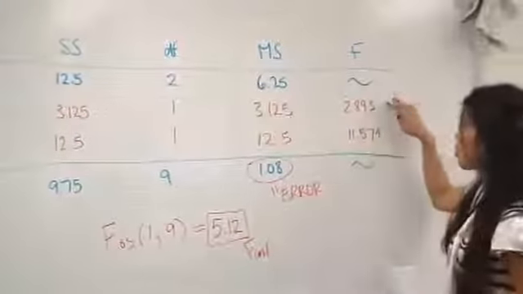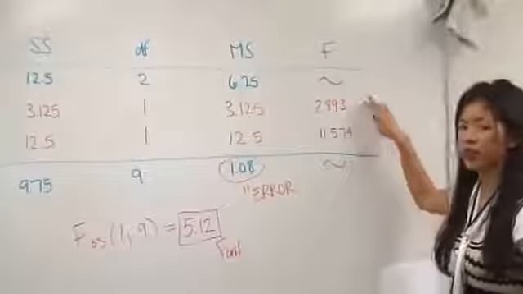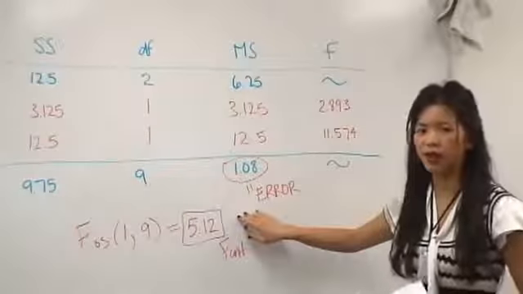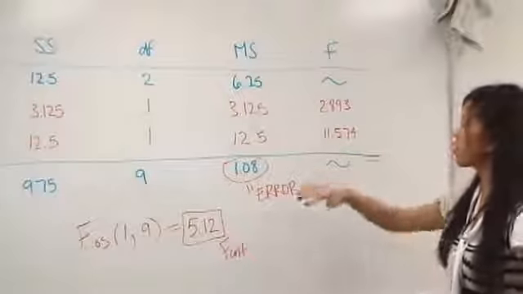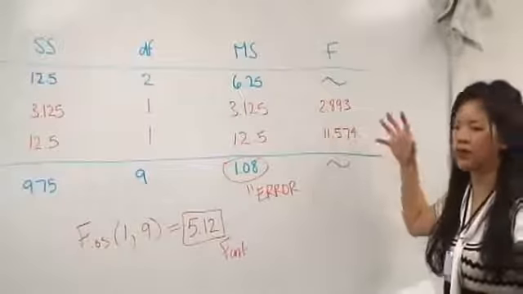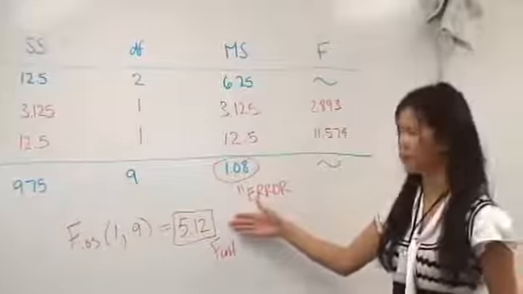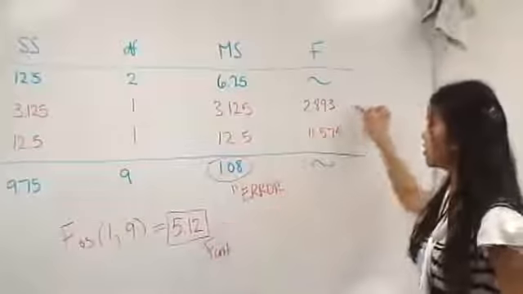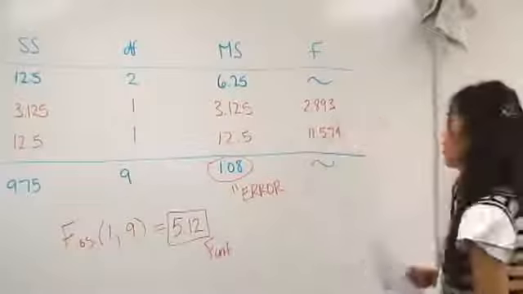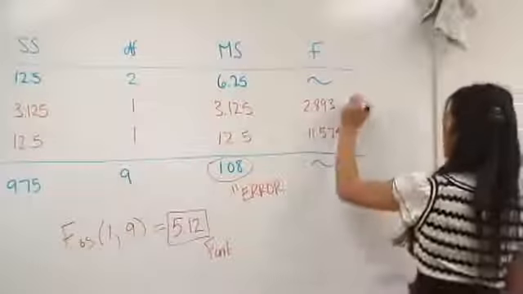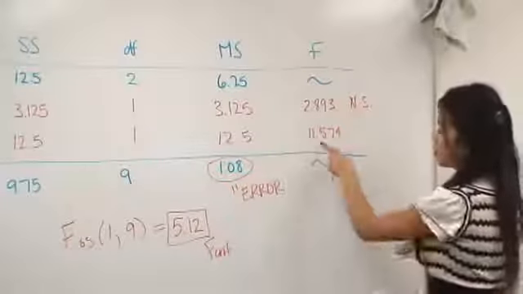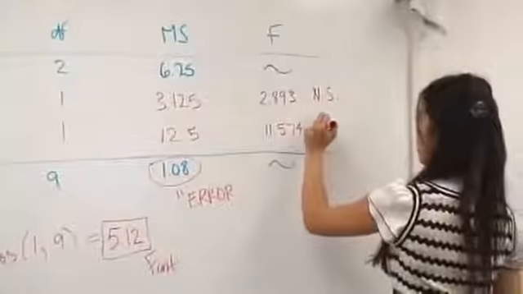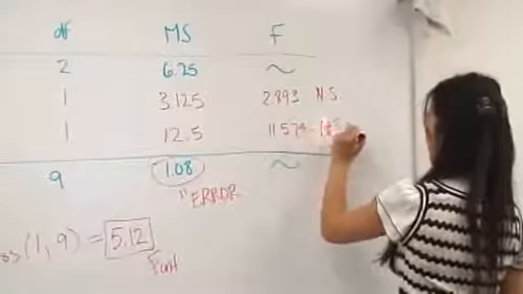Now remember, our obtained F values, which are also our F calculated values, always need to exceed this number. An easy way of remembering is that you did all this work to get these numbers, so you just want them to be bigger, whereas this number you're just getting from a table. Since this number is not larger than the F critical, this one is not significant at the 0.05 level. However, 12.5 is larger than 5.12, so this one is going to be significant at the 0.05 level.